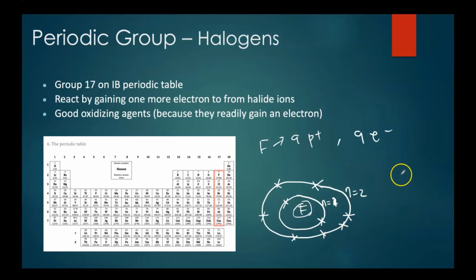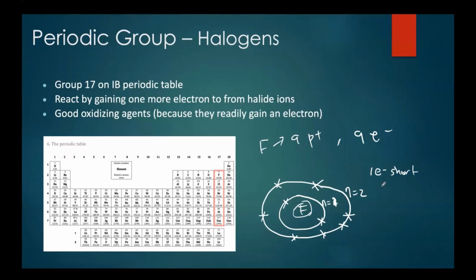And we all know the energy level can take up to 8 electrons, right? So we are only 1 electron short from having a full energy level. Do you guys remember the electron configuration from topic 2? Since we are only 1 electron short from having a full orbital, it has much more will to gain an electron to have a completed outer shell.